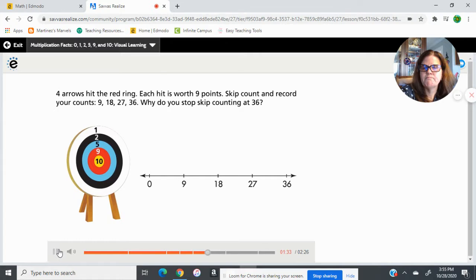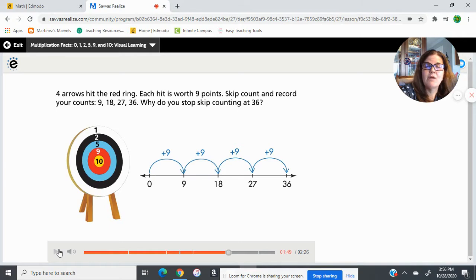4 arrows hit the red ring. Each hit is worth 9 points. Skip count and record your counts. 9, 18, 27, 36. Why do you stop skip counting at 36?